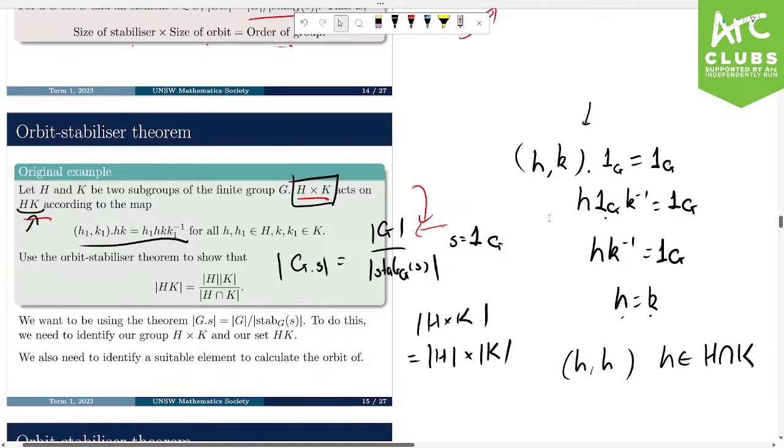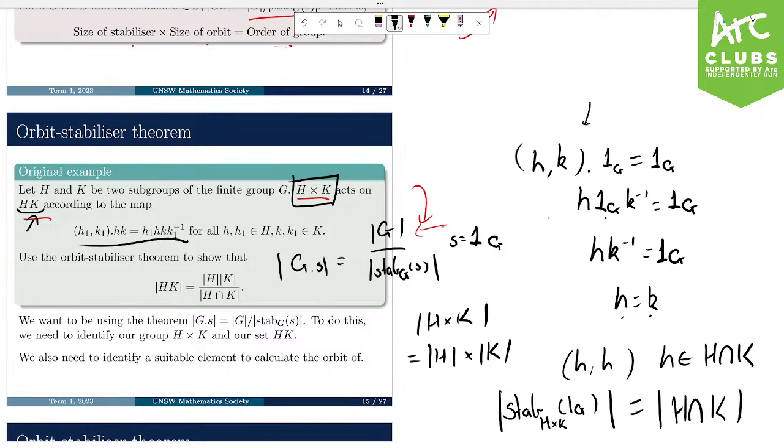So the size of the stabilizer of 1, okay, so it's not G here, should be the size of H intersection K. That gets us our denominator here. And now all we have to do is show that the orbit of the identity is equal to HK.